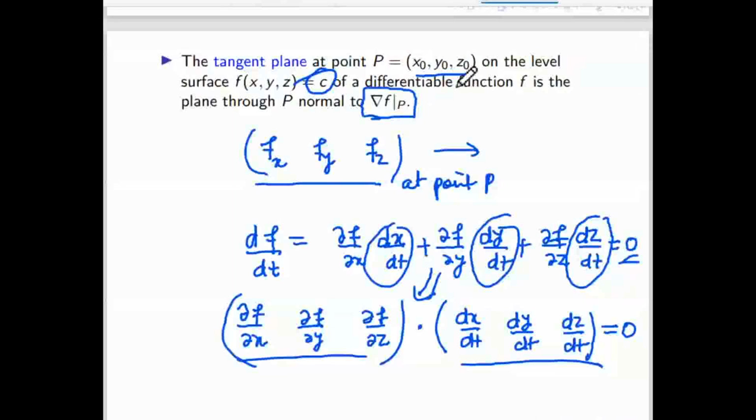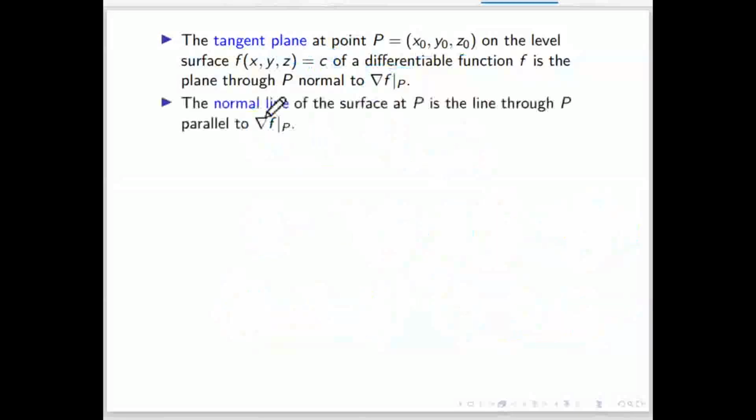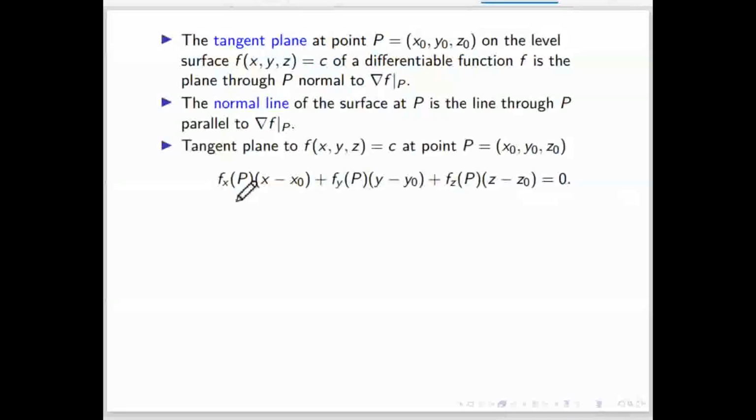I already gave the proof why it is normal, because this dot product is 0. So the equation of the tangent plane will be fx at P times (x minus x naught), plus fy at P times (y minus y naught), plus fz at P times (z minus z naught). So this is the equation of the tangent plane in 3D. If it is two dimension, then this fz will not come, and it will give the plane in 2 dimensions.